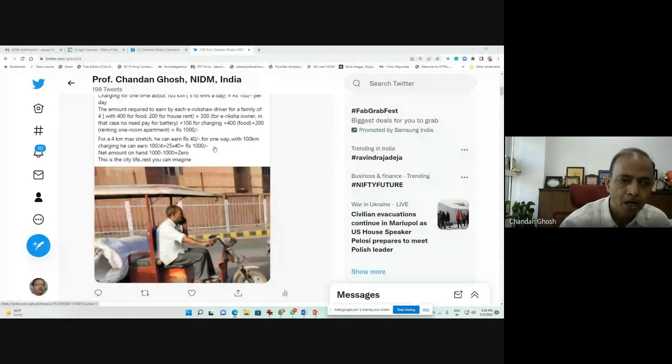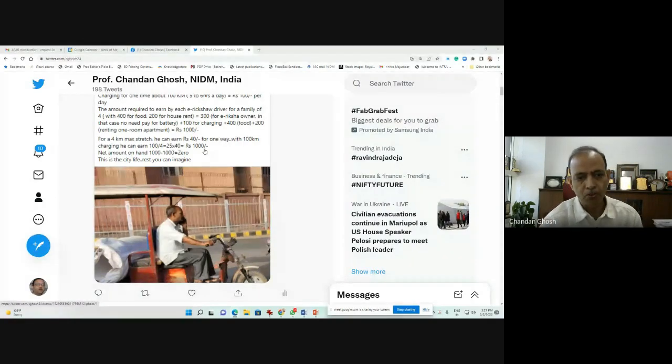So for running 4 kilometers he can earn 40 rupees maximum. Most of the time it is not, it may be less than that for one way. So with a 100-kilometer charge, he can earn only 100 by 4, equal to 25, into 40. That means each ride 40 rupees, 1,000 rupees.